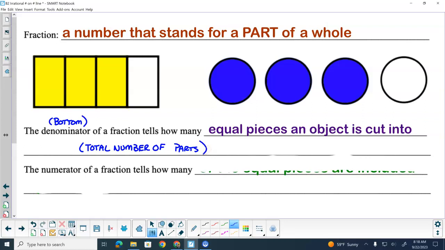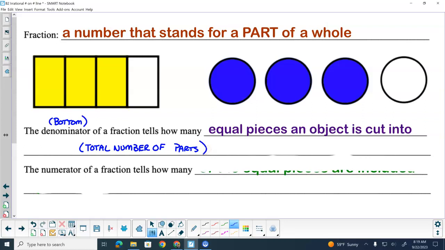So if I'm looking at these two examples that we have there, what are the total number of parts here in this first one? Jesse? No, total number of parts. 4. That was the only part of the question. Stay with me. Don't get too far ahead. Total number of parts, because there's 4 parts here, right? And over here, there's 4 circles, so the total number of parts is 4.